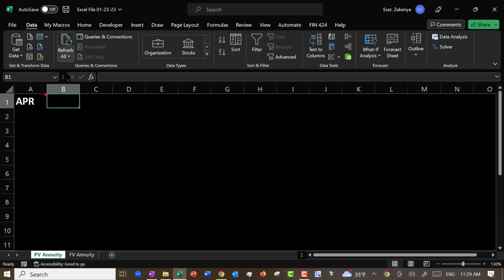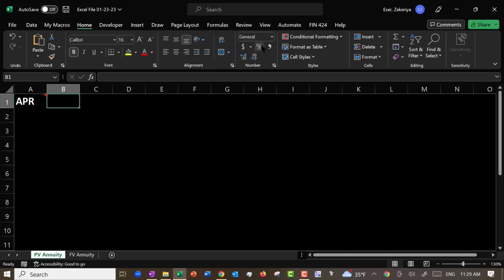Whenever I have an interest rate, I'm going to format it as percent. And this left arrow adds decimals. I like 3 decimals. When you do your own sheets, you can do 5 if you want.